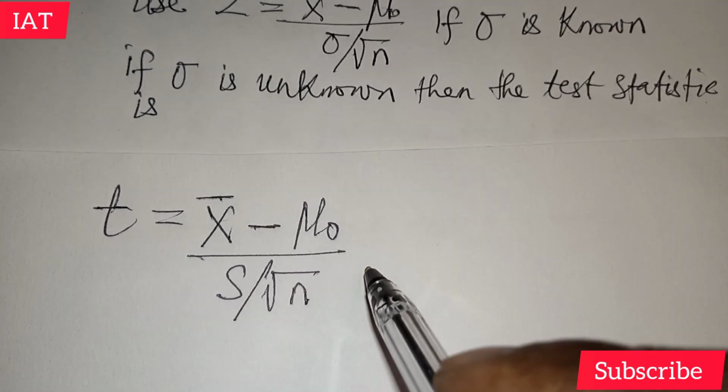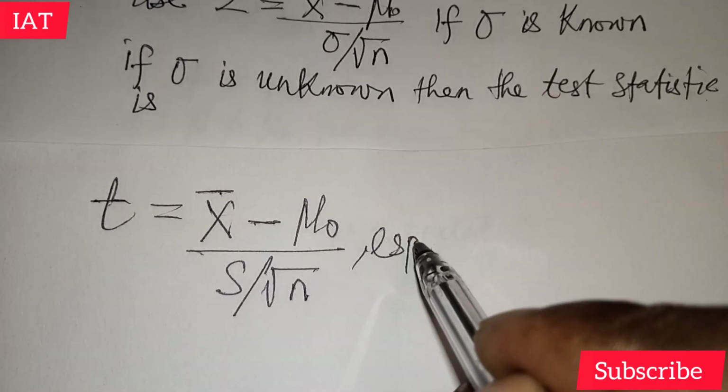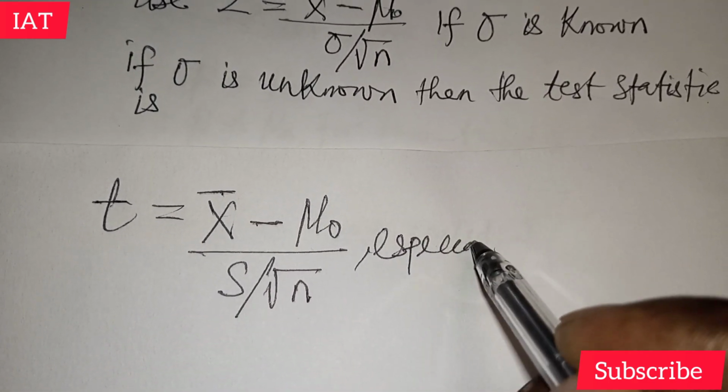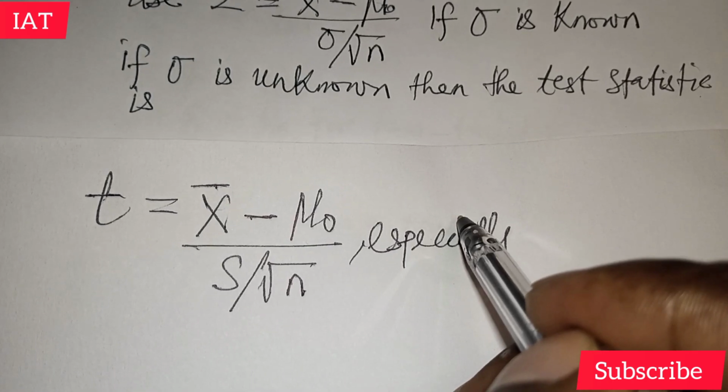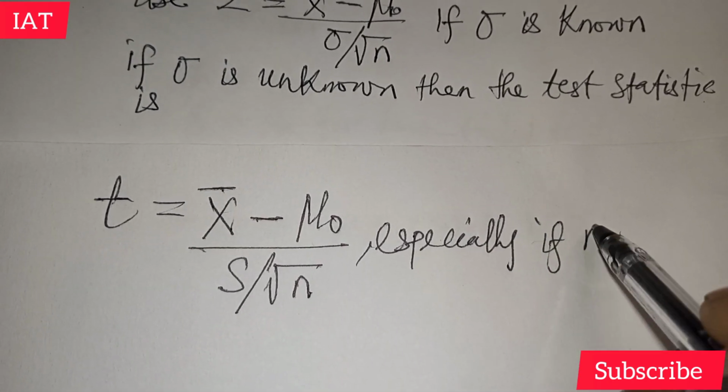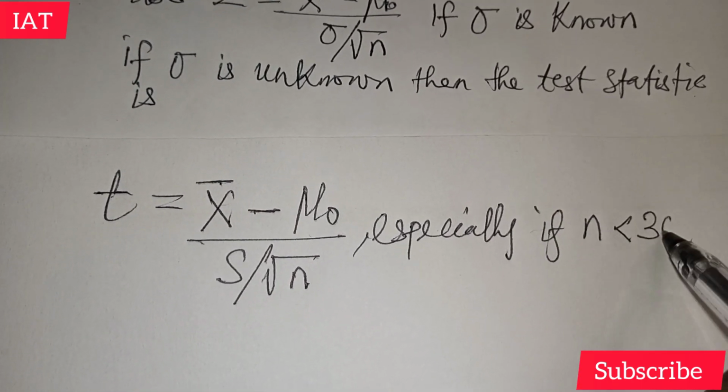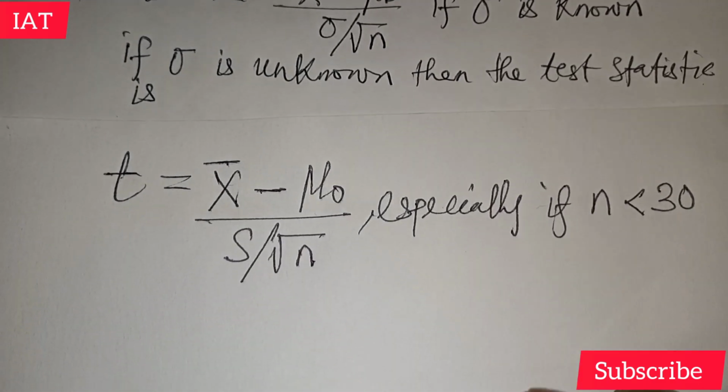And this works especially if n is less than 30. That's when you should apply this.